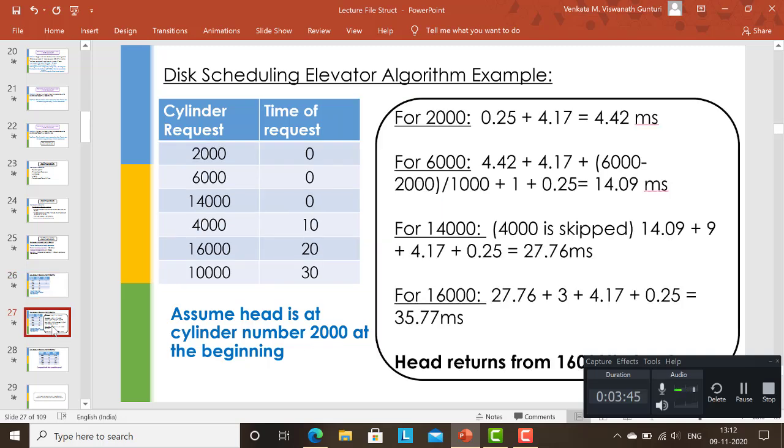So how much time will it take? Pretty straightforward. No seek, I will require 0.25 milliseconds of time to actually read one disk block of information. And then I'm assuming that on average, I will rotate maybe half the disk, right? So by the time I finish servicing this particular request, which is at cylinder 2000, I would have spent this much time, right?